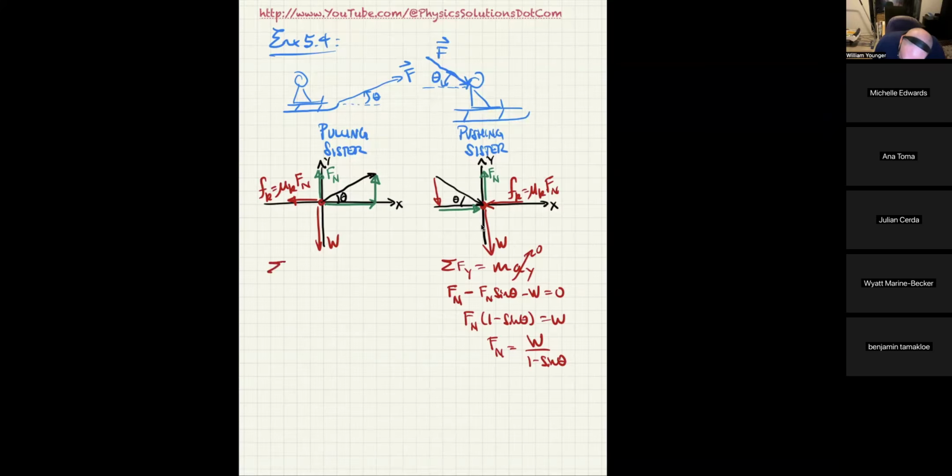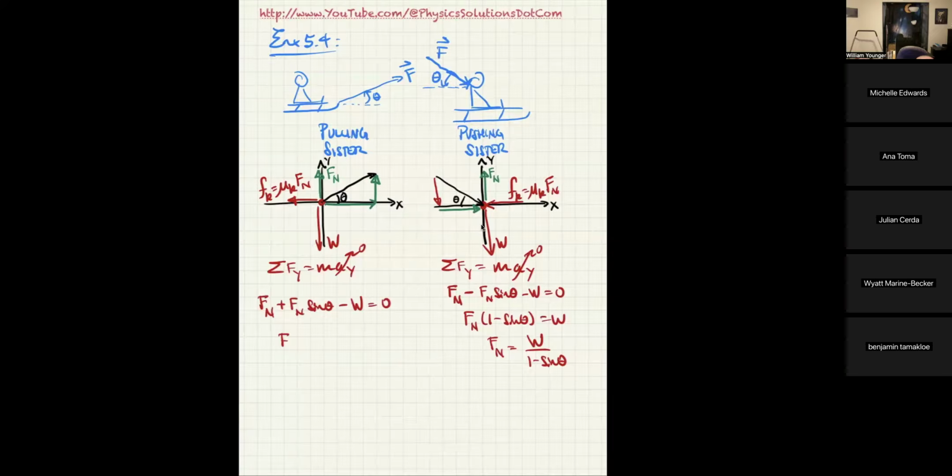If I do it over on this one, the summation of forces in the y direction equals mass times acceleration in the y direction. In this case, I've got the normal force pointing up, plus Fn sine theta pointing up, and then minus W, and all that's equal to 0.